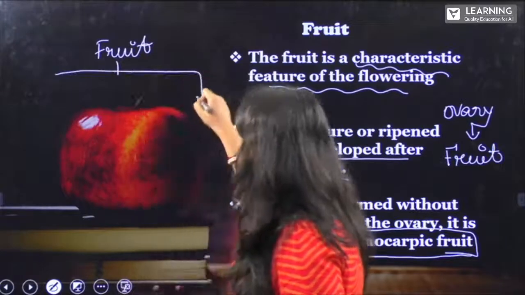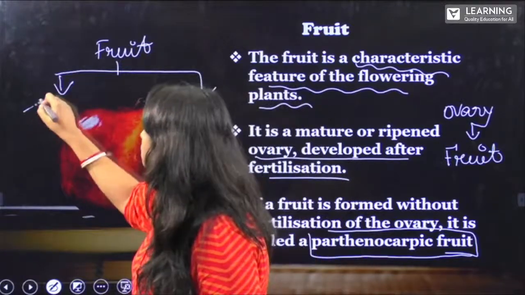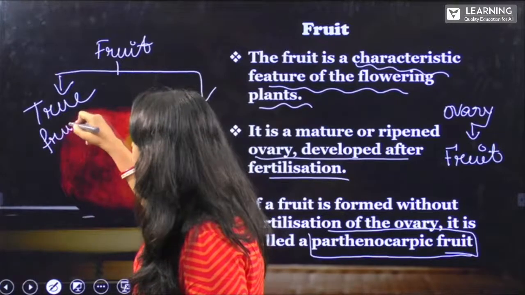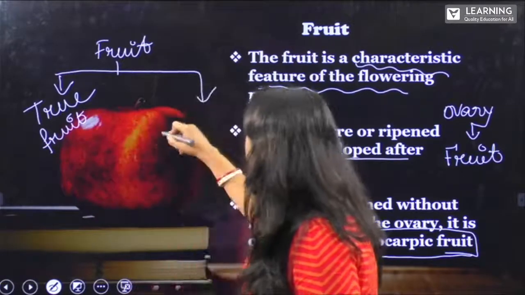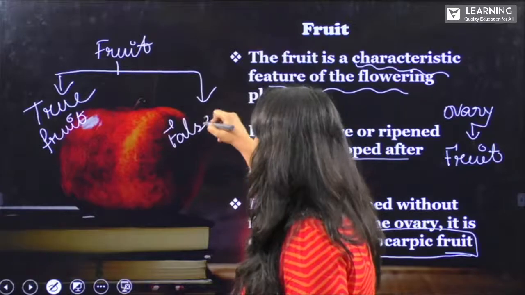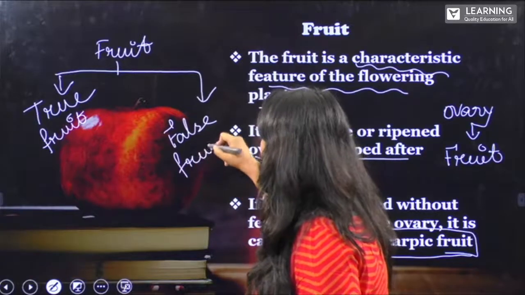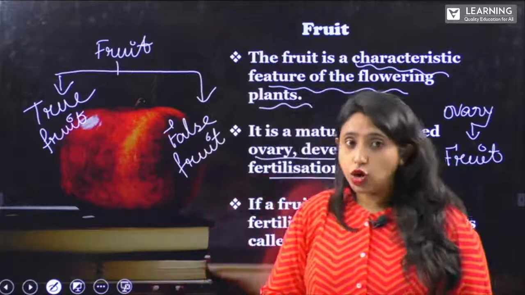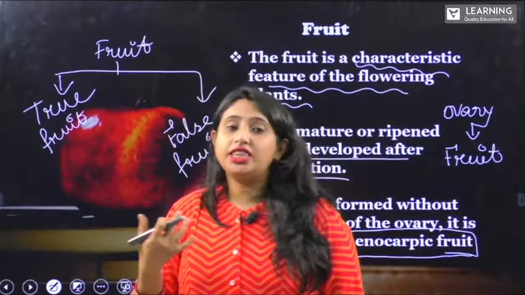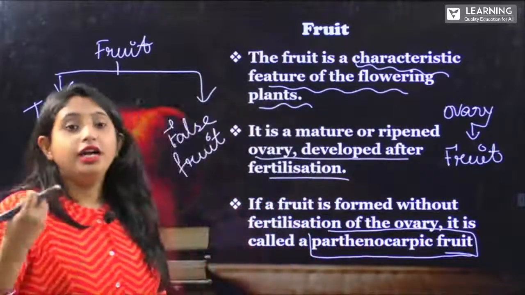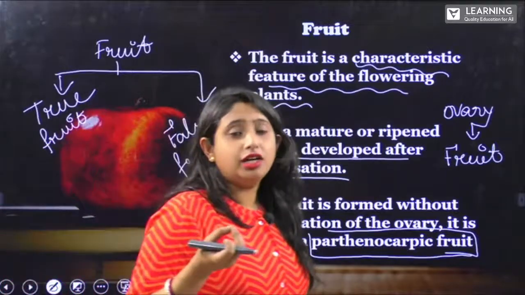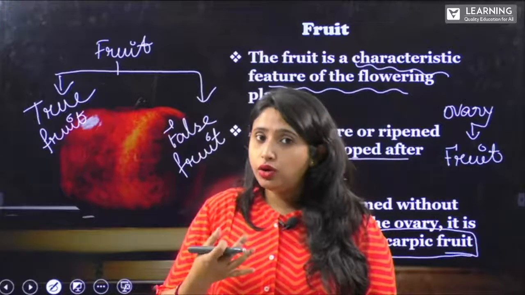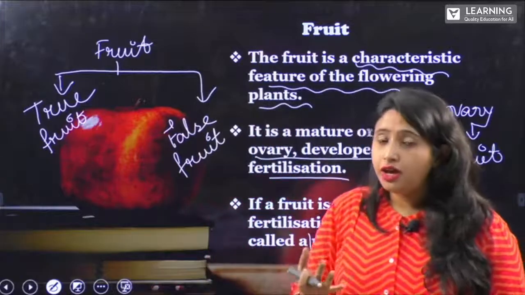So we can classify the fruit into true fruit and false fruit. Now, what do you mean by true fruit and false fruit? As you have seen, in the flower there are different parts, isn't it? There are different floral appendages, that is your calyx, corolla, androecium and gynoecium, right?